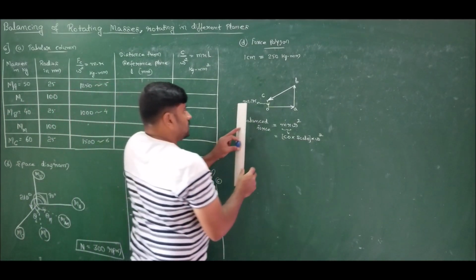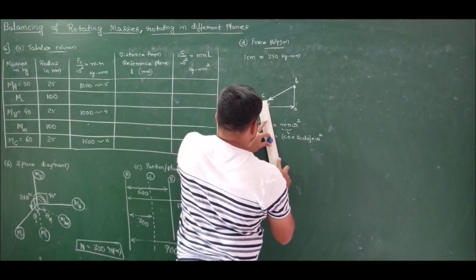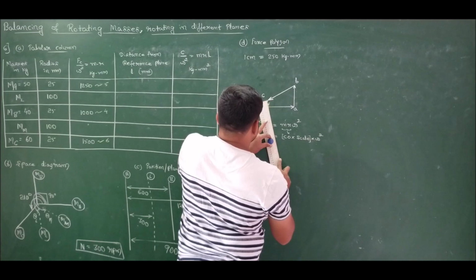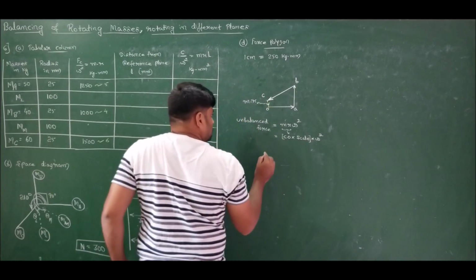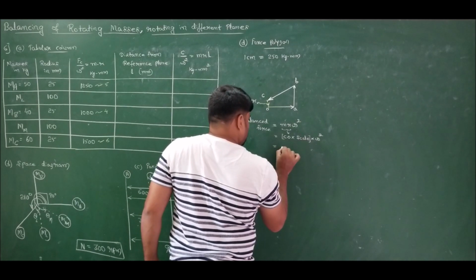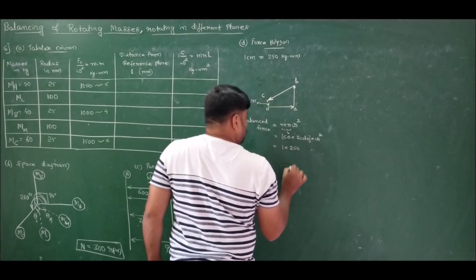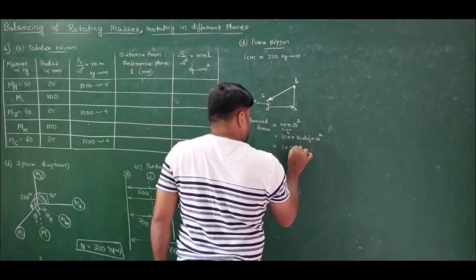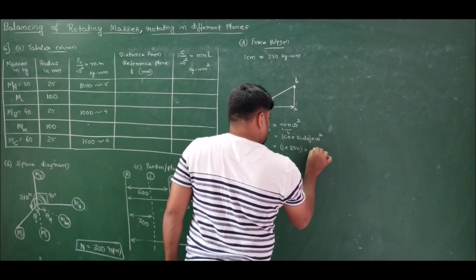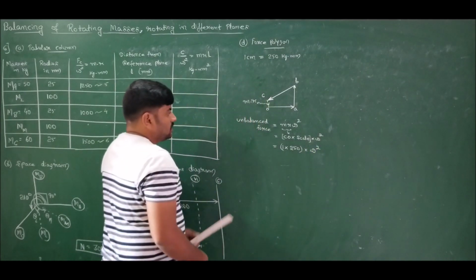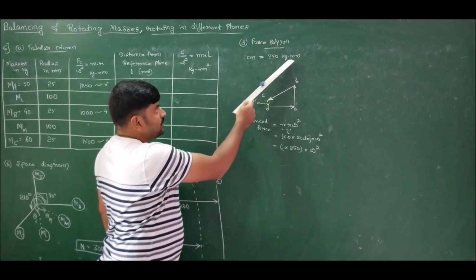If I measure CO, CO is measuring 1 centimeter. So therefore this is equal to 1 into 250, which is the scale, into omega square. So this is in unit kg millimeters.